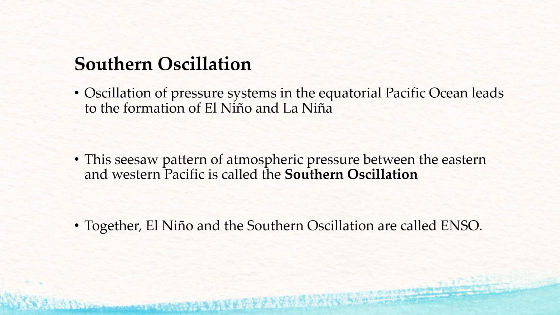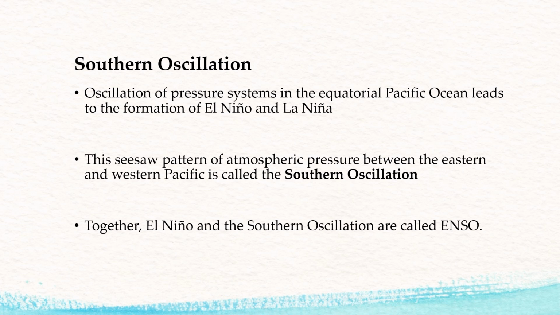So the El Nino and La Nina events illustrated in the pictures shown in the previous slides are strongly related to global pressure patterns, right? Because of the high pressure and low pressure, the trade winds strengthen and weaken and so on.